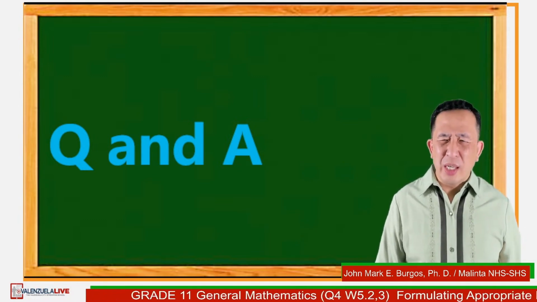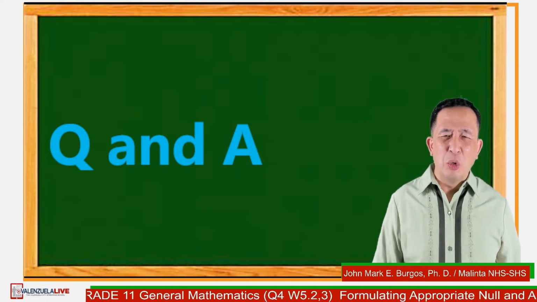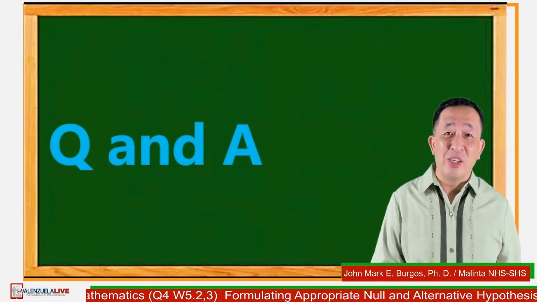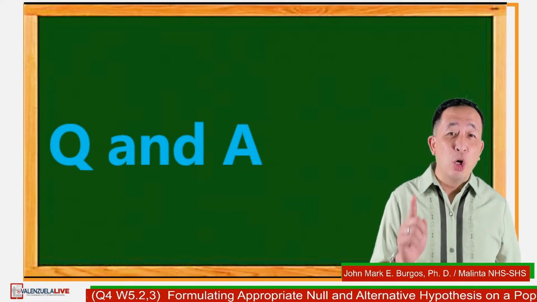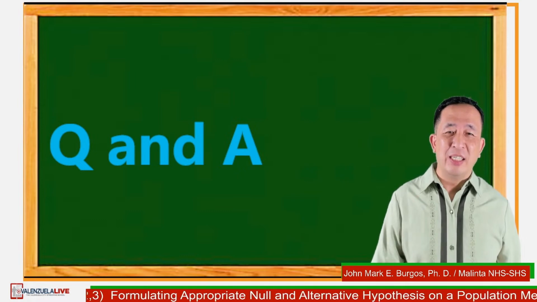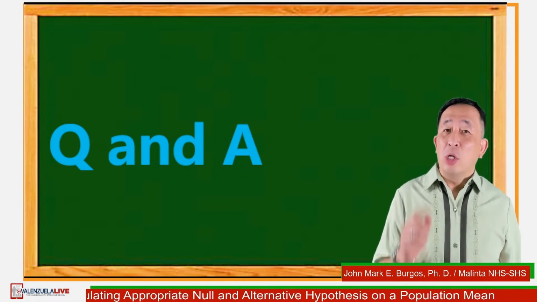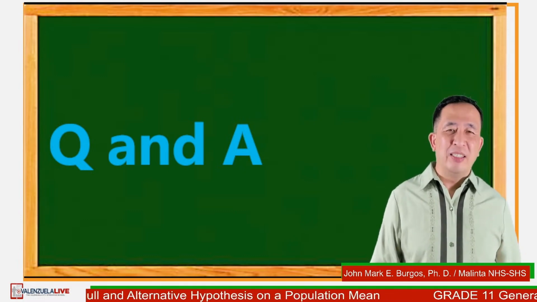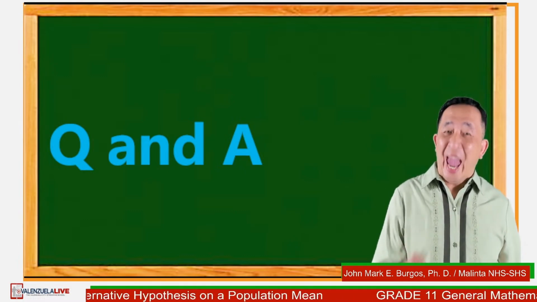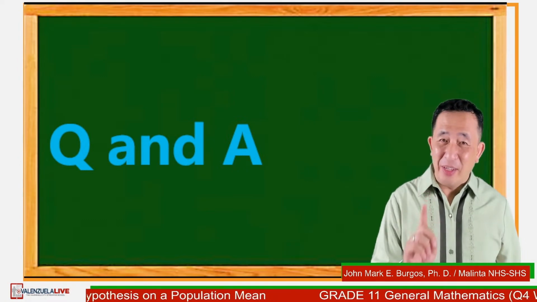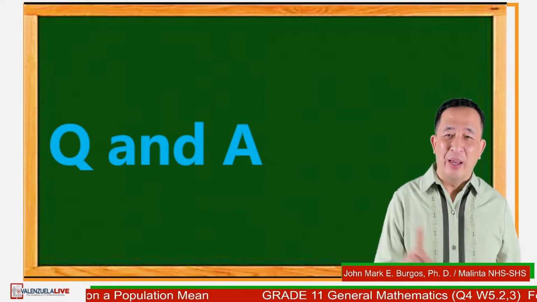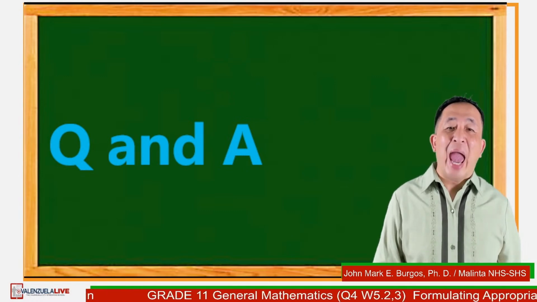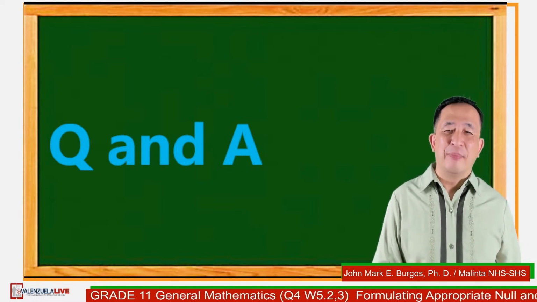The question says, what is a good hypothesis statement? That's a very good question. Now, to answer that question, a good hypothesis statement should have the following. Remember this. First, it should include an if and then statement.